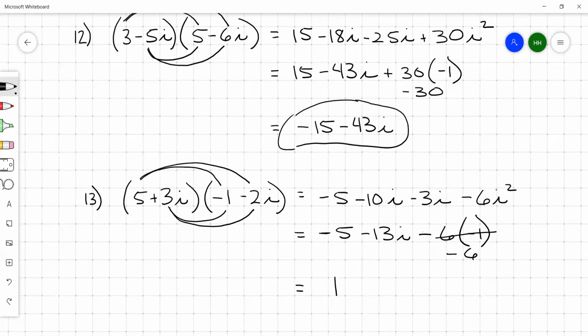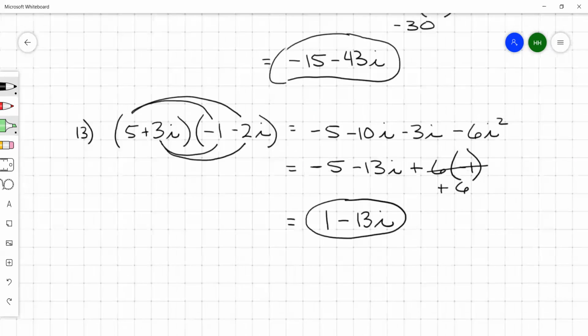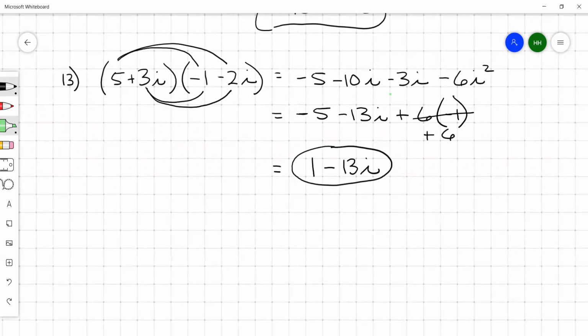Because you keep, change, change. You're effectively taking negative 5 and adding 6 to it, you get a positive 1. The minus 13i just falls down. You got to be real careful right there when you're subtracting 6i squared.